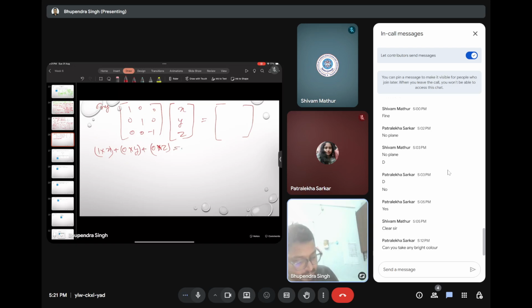This will be your x prime. Y prime: 0 multiplied by x, 1 multiplied by y, 0 multiplied by z. Z prime: 0 multiplied by x, 0 multiplied by y, minus 1 multiplied by z. So just try to solve this.